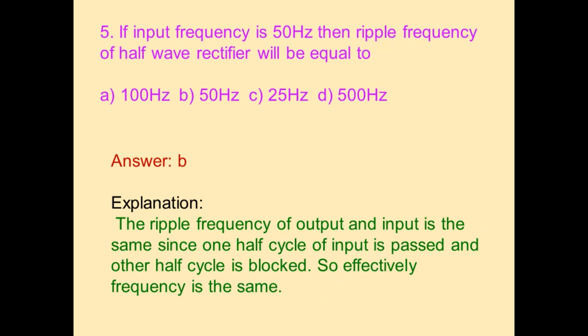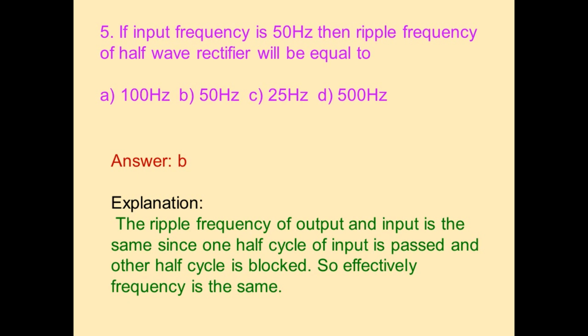Next, fifth one. If the input frequency is 50 Hz, then ripple frequency of half wave rectifier will be equal to. In the case of half wave rectifier, only positive pulses are converted as output, the negative pulses do not.